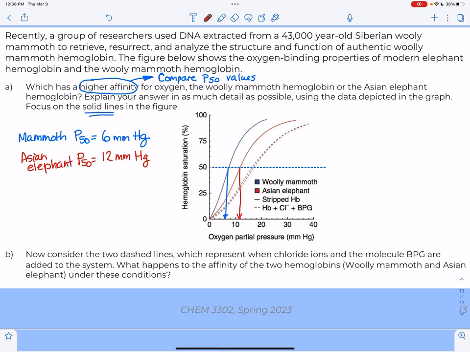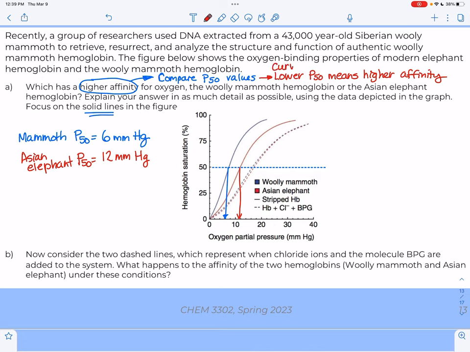Okay, so higher affinity is going to correlate with a lower P50. A lower P50 means you don't need as much oxygen around to get half of your sites bound, so it means higher affinity. The other thing is, remember when our curve is further to the left, that corresponds with a lower P50 and a higher affinity.